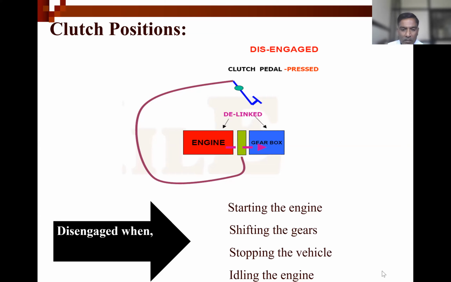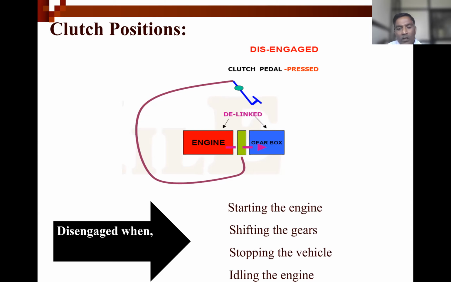And last, disengaged when idling the engine. In traffic, sir, if the vehicle is stopped, we have stopped the vehicle, in that case to idle the engine, we have to disconnect the transmission system, only the engine keeps running.